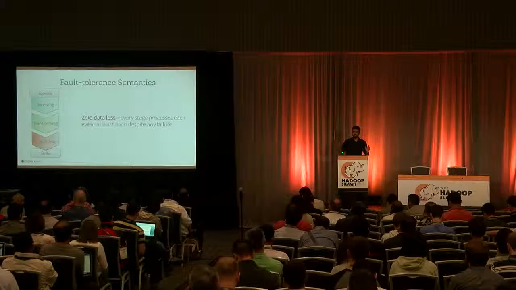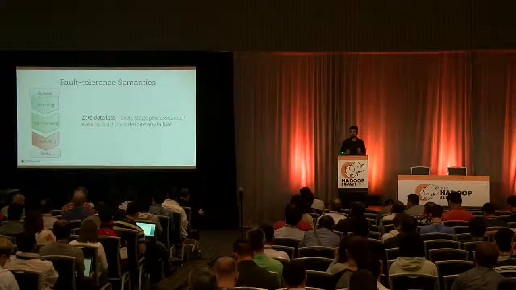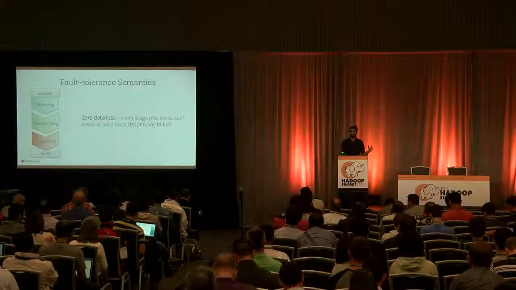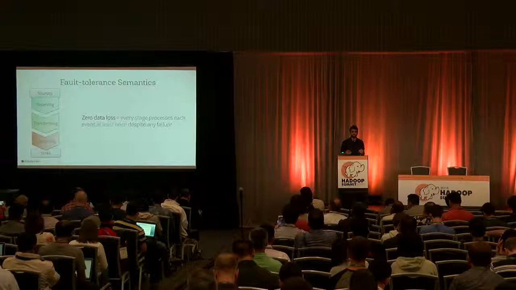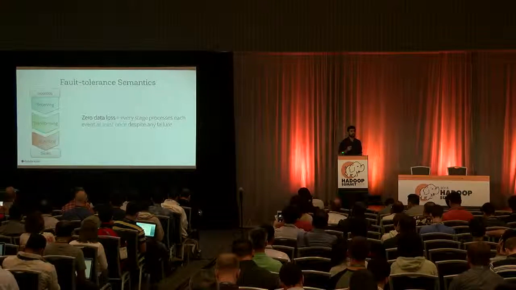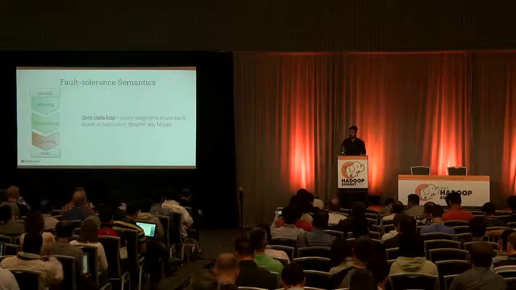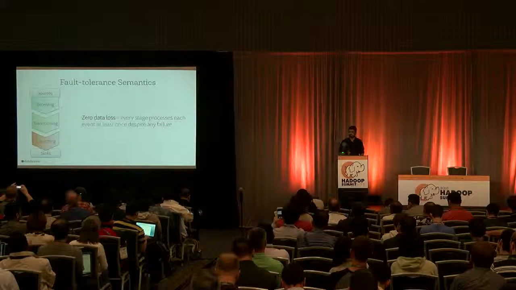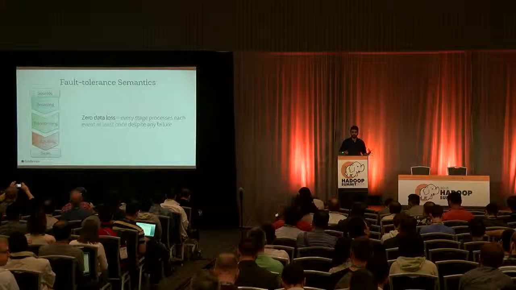So with these configurations put into the picture, let's understand the semantics. To understand the semantics, you need to take a broader look at the whole streaming pipeline and understand what each stage does. Because ensuring zero data loss means that every stage in the pipeline needs to give at least once guarantee, that all the records are processed at least once. And there are essentially three stages: receiving, transforming, and outputting to external data stores.